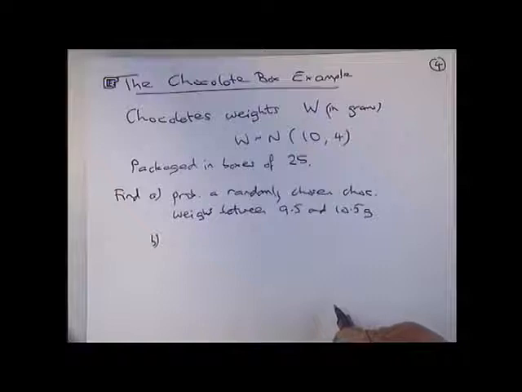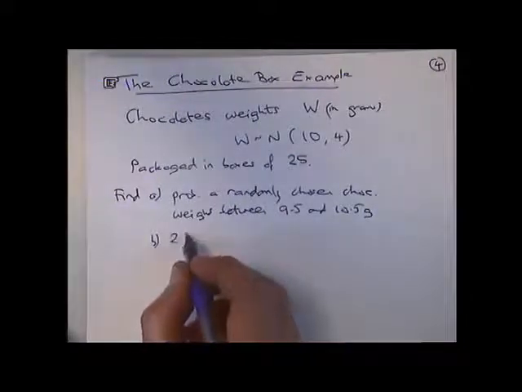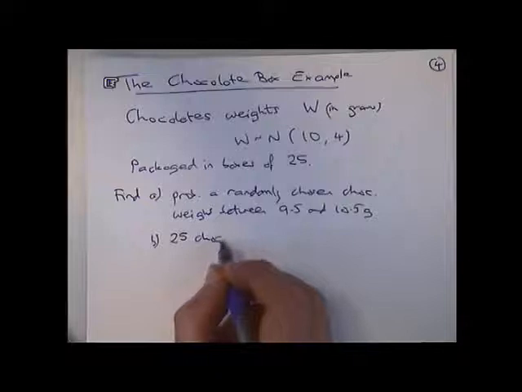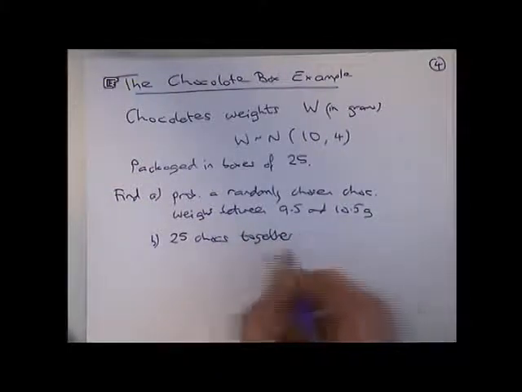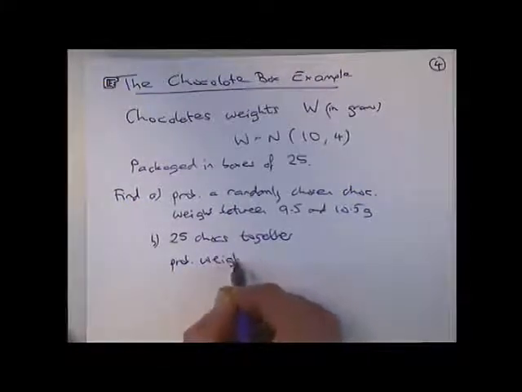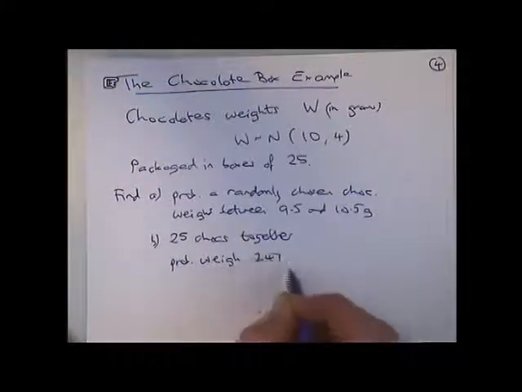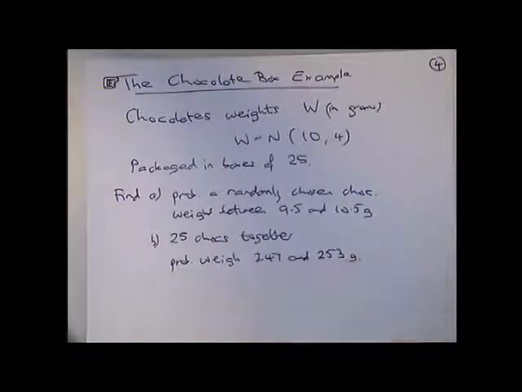Part B, we're not going to look at an individual chocolate anymore, we are going to look at 25 chocolates, like a box worth of chocolates, together, and we're going to find the probability that they weigh between 247 and 253 grams.